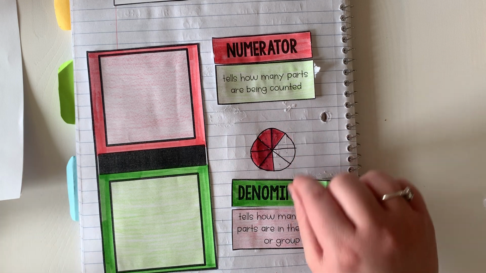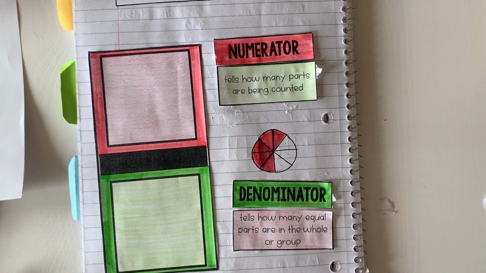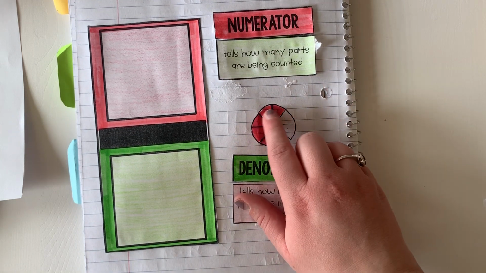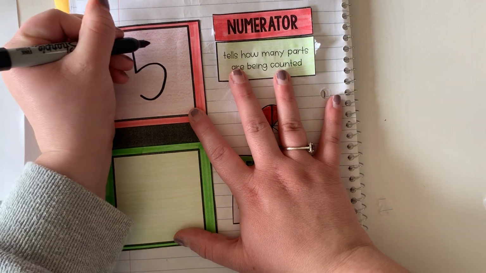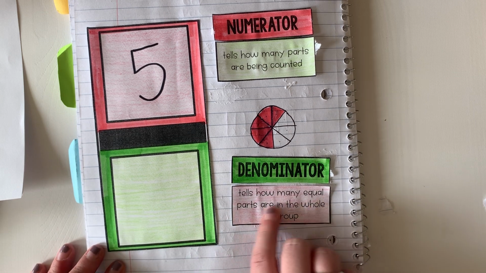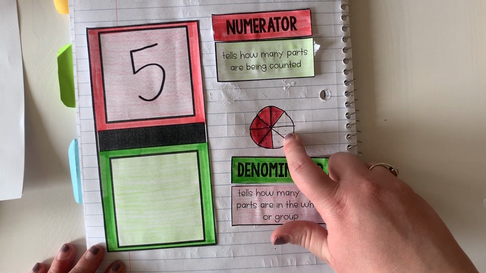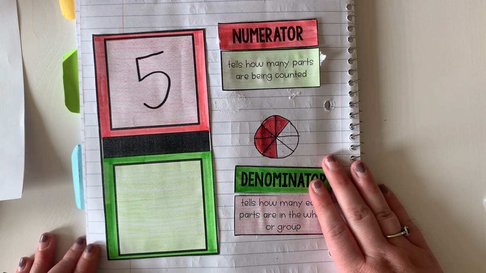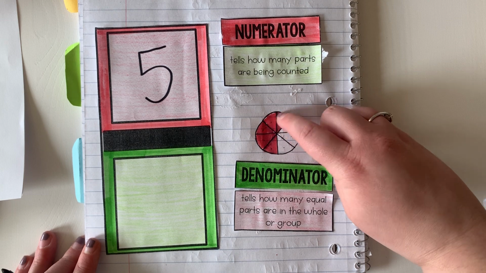So the numerator tells how many parts are being counted. So how many parts did we color in? 1, 2, 3, 4, 5. So we colored in 5 parts. And then the denominator tells how many equal parts are in the whole or group. So then the denominator is the total number of slices he cut the cookie into. So 1, 2, 3, 4, 5, 6, 7, 8.